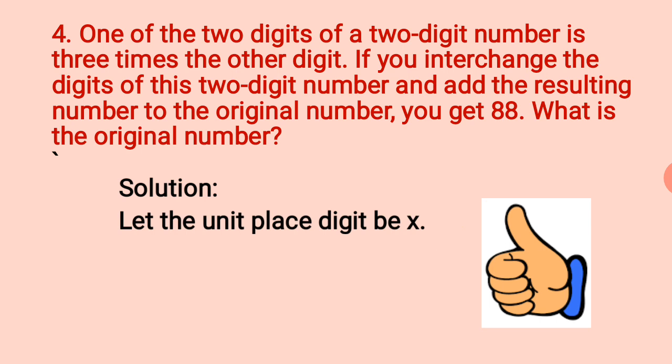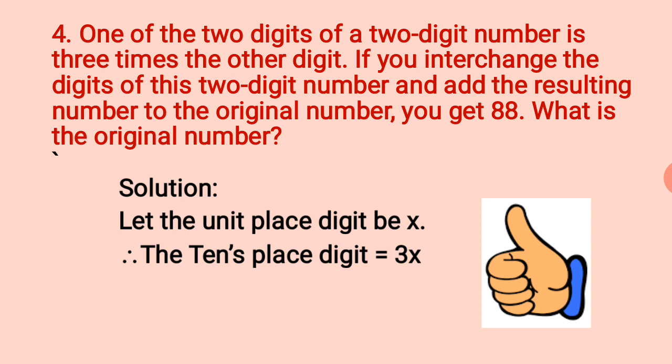Now here we are told one of the two digits of the two-digit number is 3 times the other digit. So if the digit in the units place is x, the digit in the tens place will be 3x. Here we are not told about the numbers, which one is greater and which one is smaller.